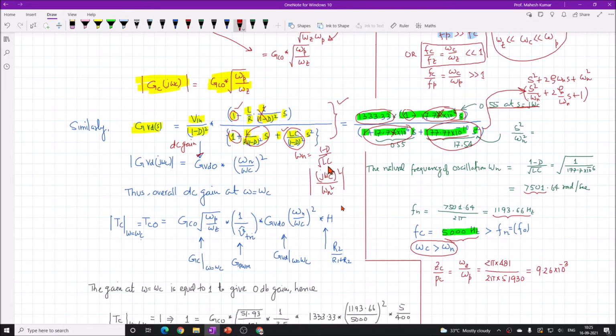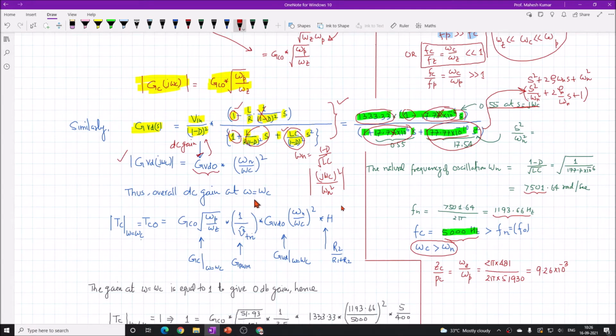Omega n will come up and omega c will come down, and the expression becomes GBD0 into omega n by omega c squared. So this is the magnitude of GBD at omega equal to omega c, that is at the gain crossover frequency, which is 5 kilohertz.